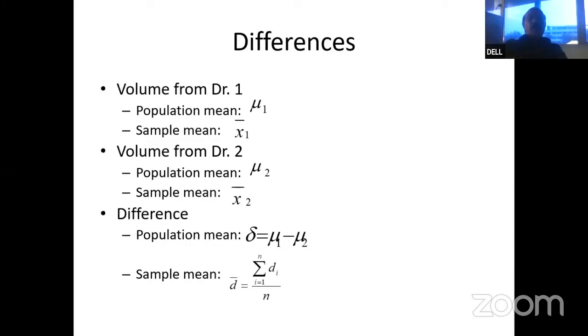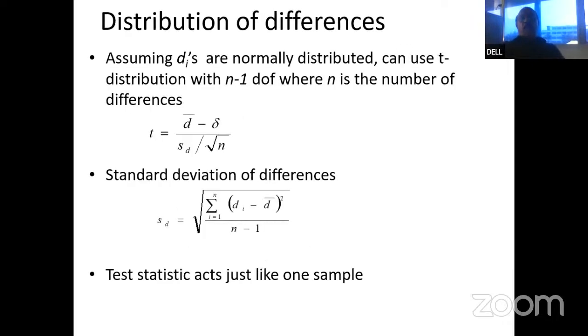The volume of Dr. 1 has mean mu1, sample mean x1 bar, and the volume of Dr. 2 has mean mu2. So the sample mean of the difference, x bar, can be calculated, because once you convert that paired data into a single sample by taking the difference of those two samples, we can observe that.